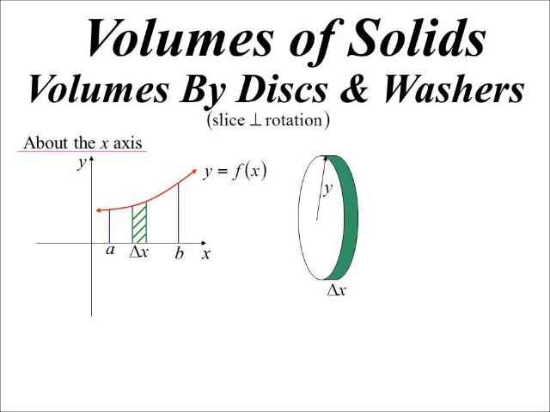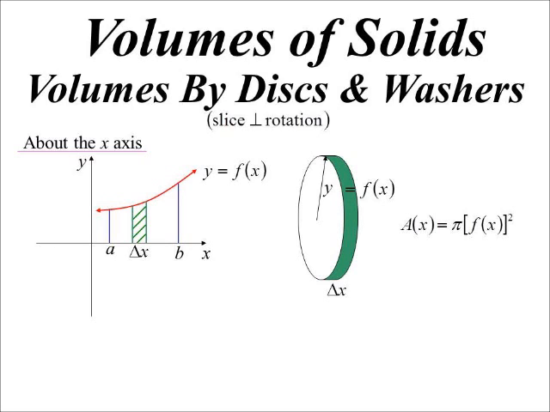But of course, I need it in terms of the thickness, and the thickness is in terms of x. That's all right. We know the equation of the curve, y equals function of x, so the radius is whatever that function happens to be. So the area of the cross-section there would be pi times the radius squared. And that's where we get our formula that we use in two-unit.